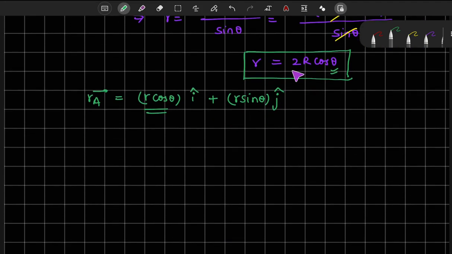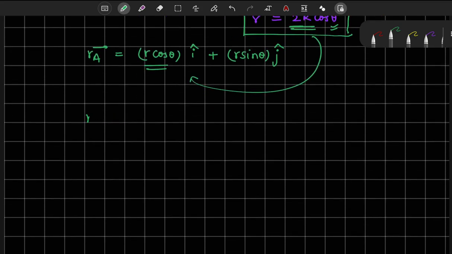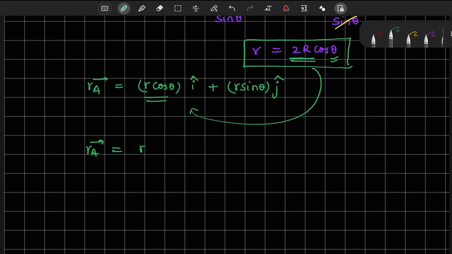Here we have got r equal to 2R cos theta, so let us substitute. We will get the position vector r_A equal to 2R cos theta into cos theta i cap plus 2R cos theta into sin theta j cap.